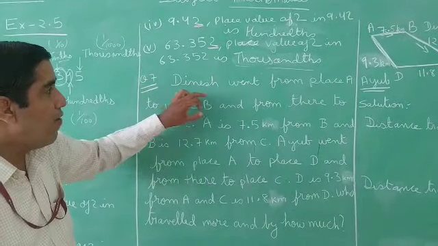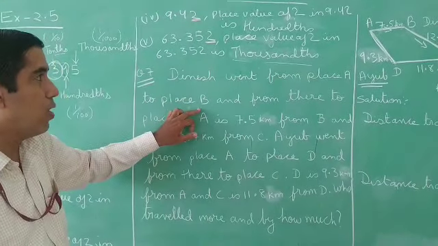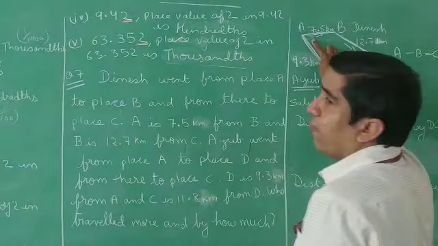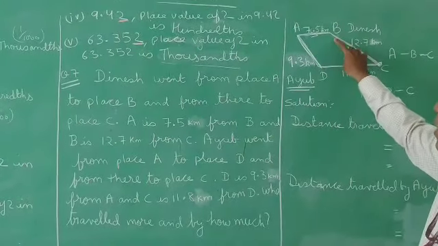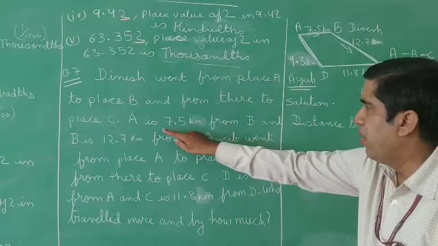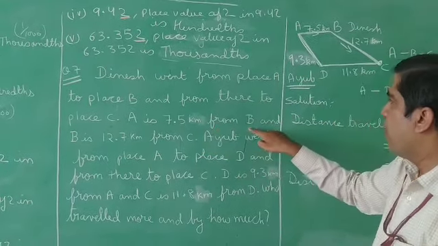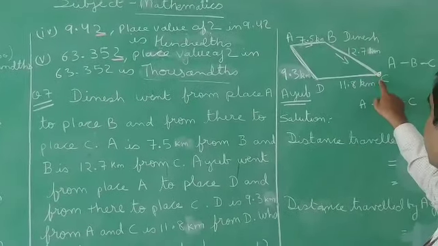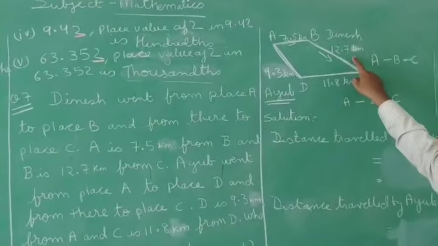Now Dinesh went from place A to place B. You can see I have drawn the diagram. This is the distance traveled by Dinesh from place A to place B: it is 7.5 km. Now he travels from B to C, that is 12.7 km.